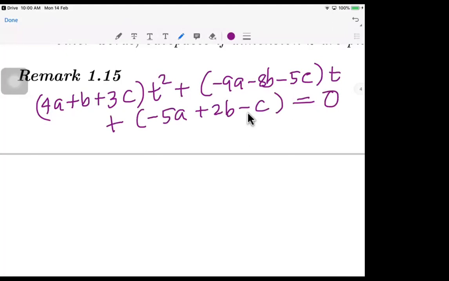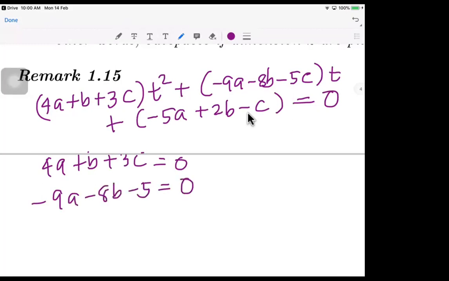This is equal to 0 if we can show that 4A plus B plus 3C is 0, minus 9A minus 8B minus 5C is 0, and minus 5A plus 2B minus C is 0.